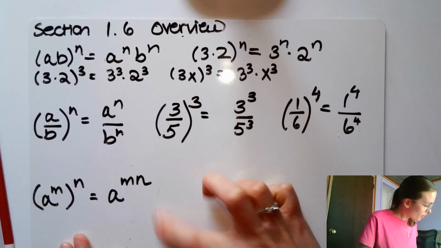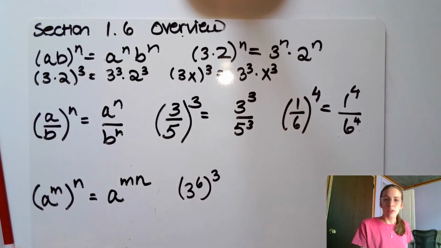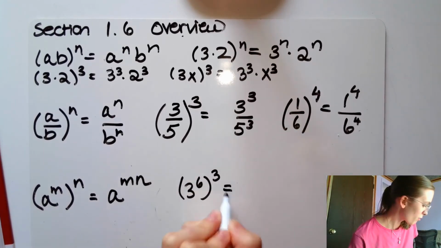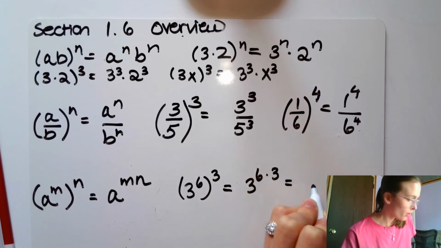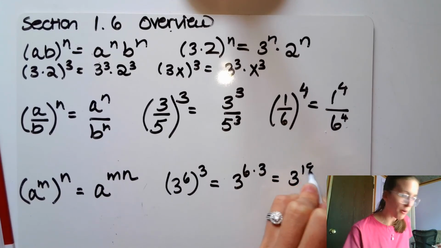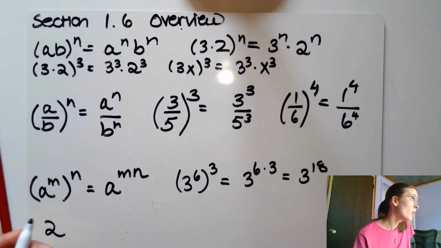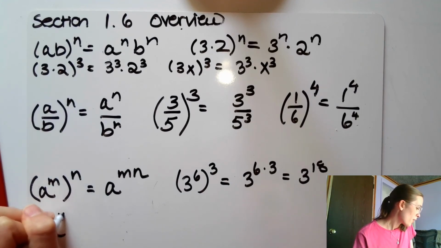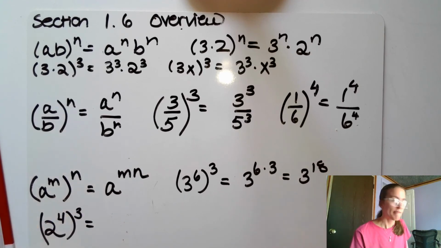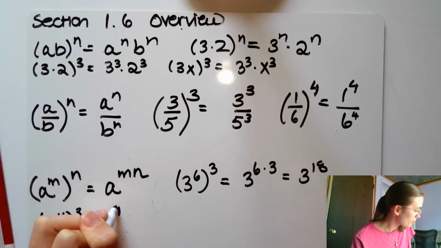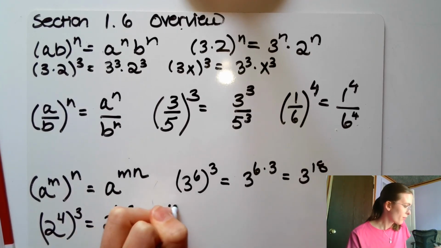So 3 to the 6 to the 3rd power is just 3 to the 6 times 3, or 3 to the 18th power. Another example: say you have 2 to the 4th power cubed. That'll be 2 to the 4 times 3, which is 2 to the 12th power.